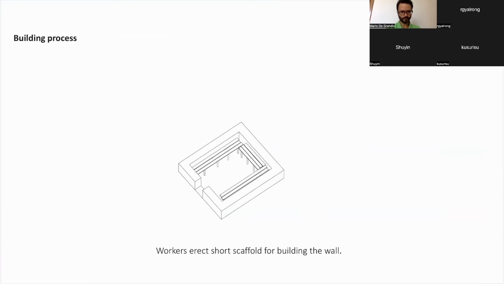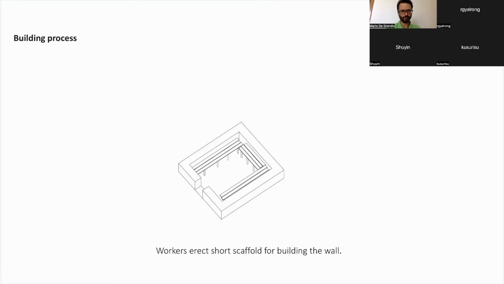To build such high buildings, scaffolding is a must. When building starts, the scaffolds are usually erected inside the surrounding wall instead of outside. The first layer of scaffolding is only 1.5 meters high when building the walls of the ground floor.